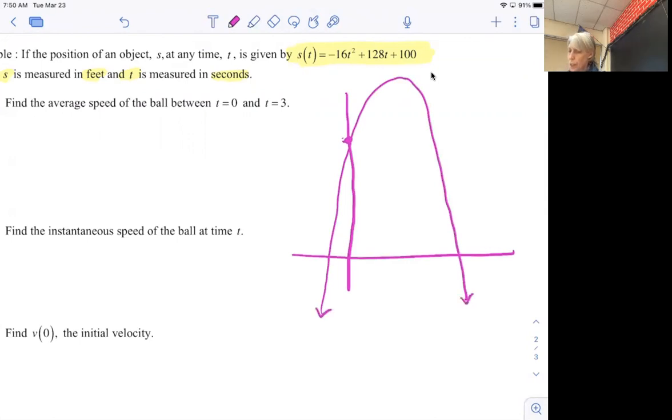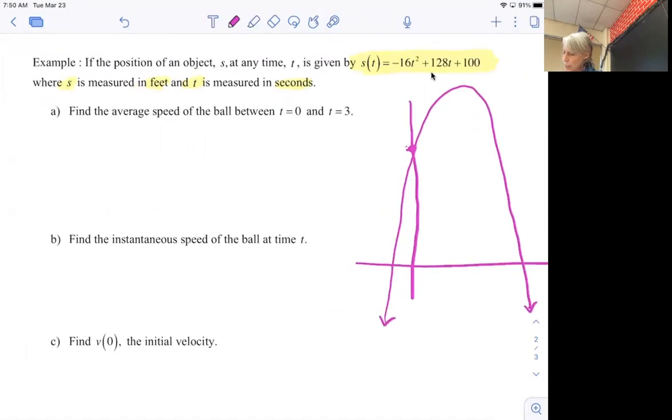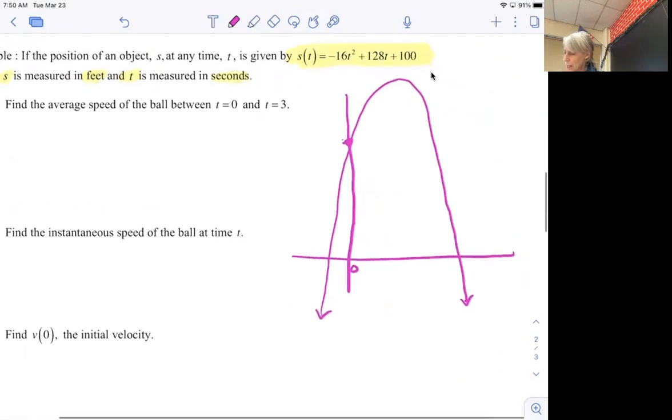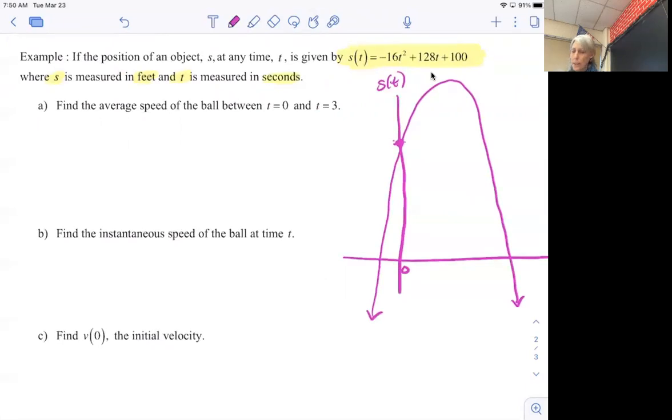So the position of an object when t equals 0, right? This is my time. And this is my position, or s of t. It's at 100 feet. It goes up, up, up, up, up, up, reaches its maximum point, and then starts to go down and hits the ground.